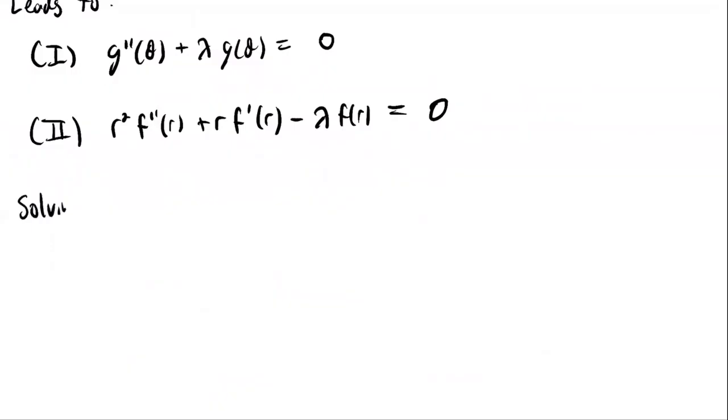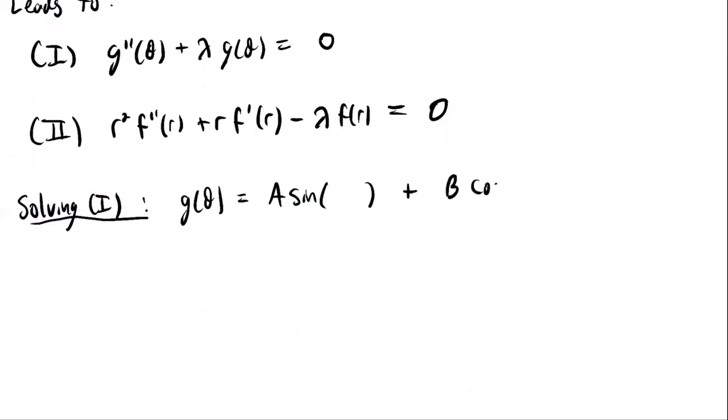So for the first one, let's just use the standard solution that we've had so far and hope that this works. I can solve with g of theta equal to a times sine of something plus b times cosine of something. So this is the structure of the general solution.